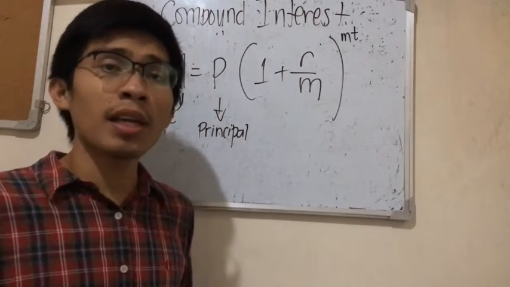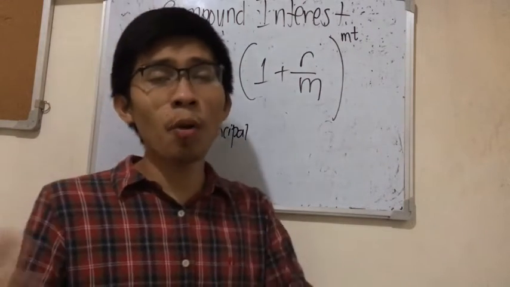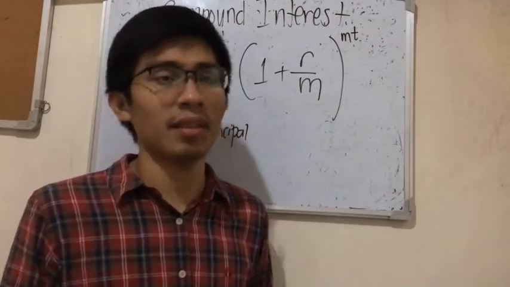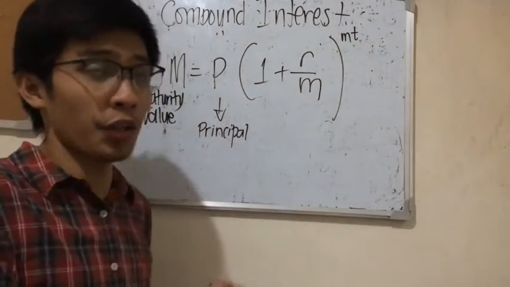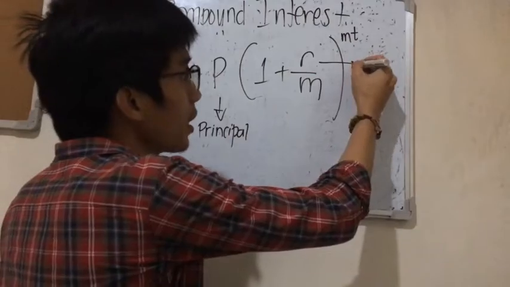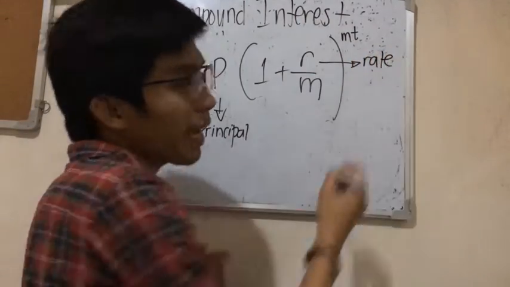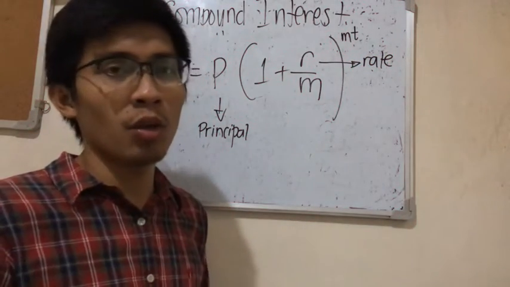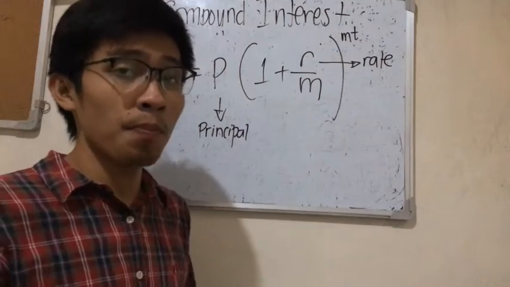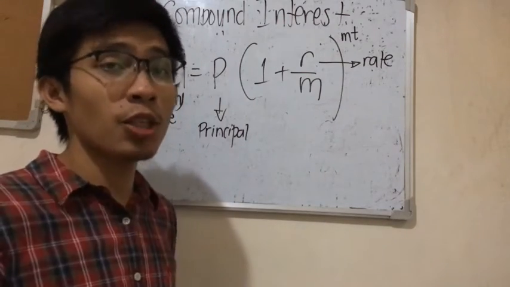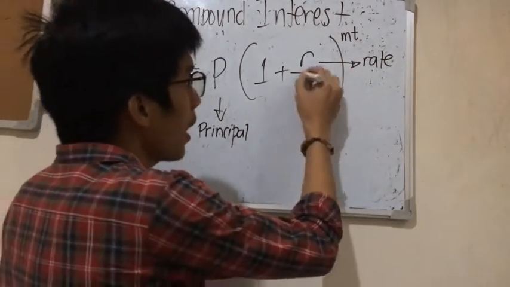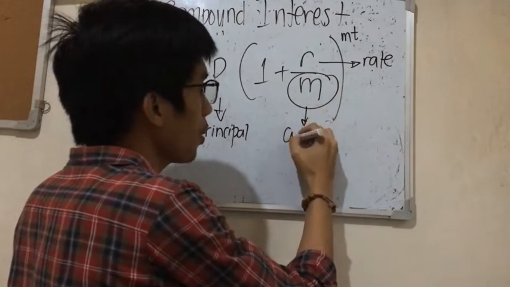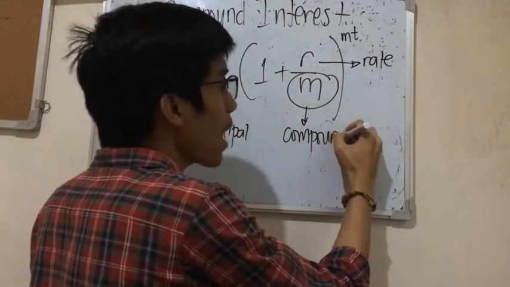Principal amount is the amount you borrowed, deposited, or invested. 1 here is constant. R here is the rate of interest. Whatever is in percentage form, automatically, that is your rate. m here is the compounding period.